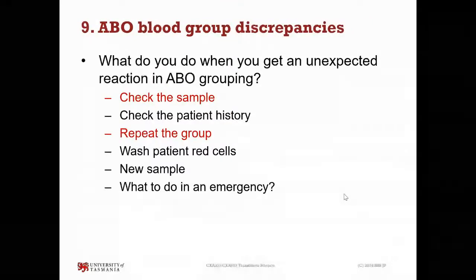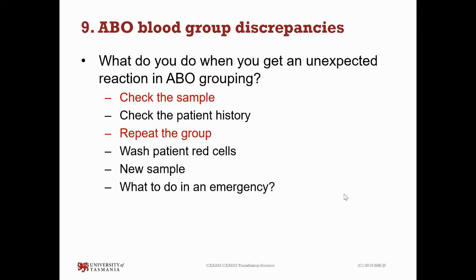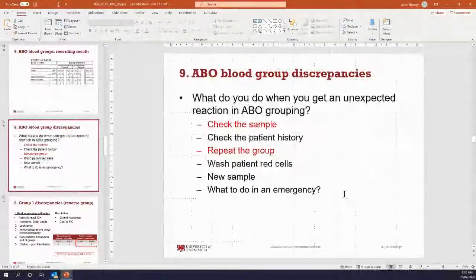Whenever you get any unexpected reaction in your ABO grouping, the first thing you need to do is check the sample. Why do you think you need to check the sample? For labels, and see if it meets the quality requirement. Beautiful, well done, Basim. Yes, you need to make sure that you've checked the label. Yes, Nikki, to make sure it's the right Smith.